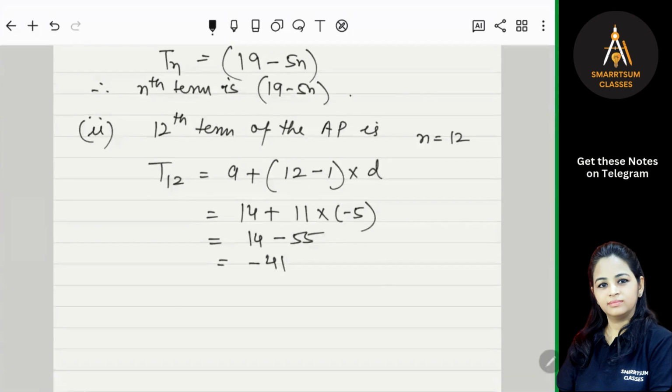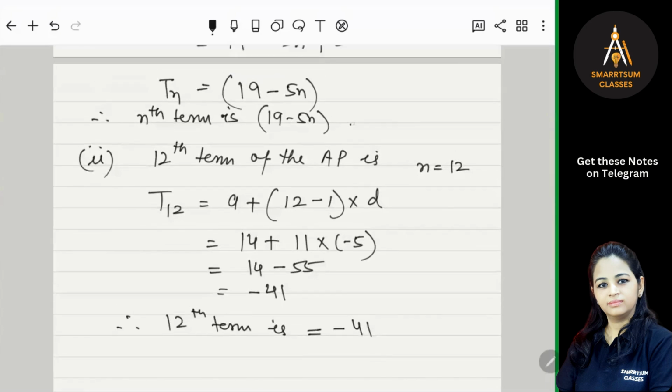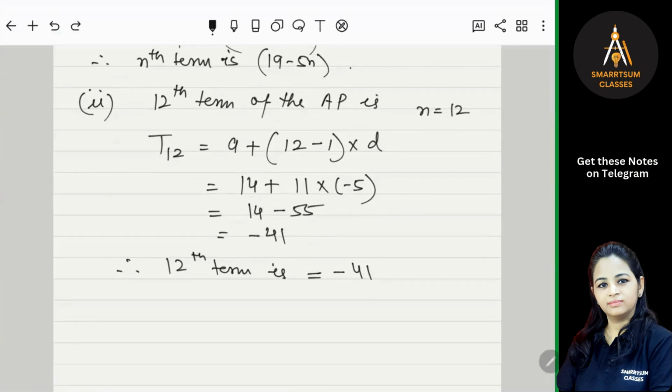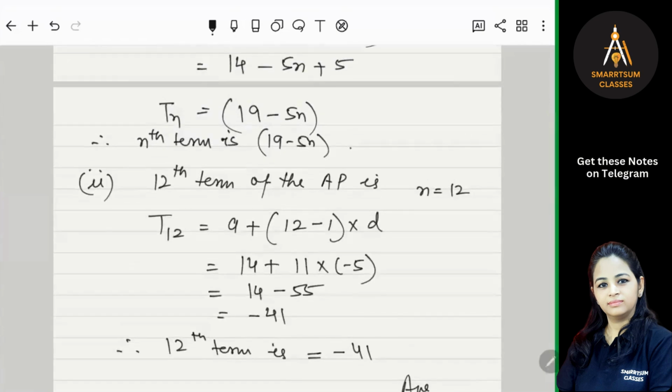Therefore the 12th term is minus 41. You can also find the 12th term by putting the value of n in 19 minus 5n. Then also you will get the same value. Is it clear? Yes or no? Please say.